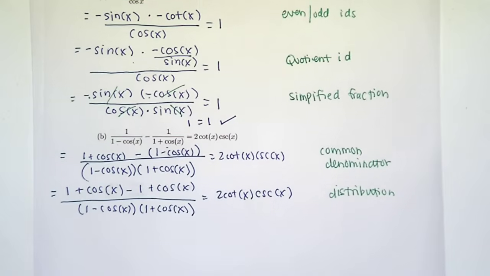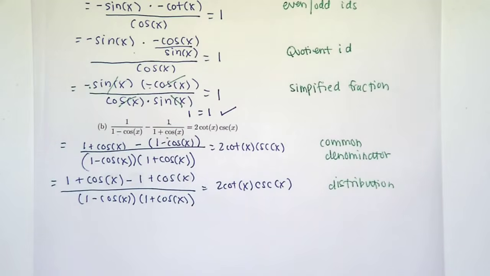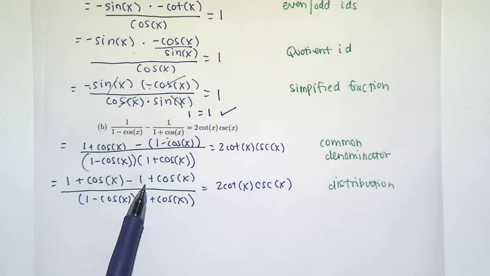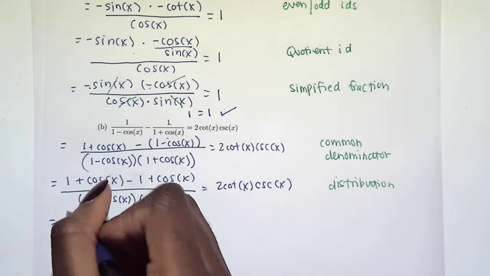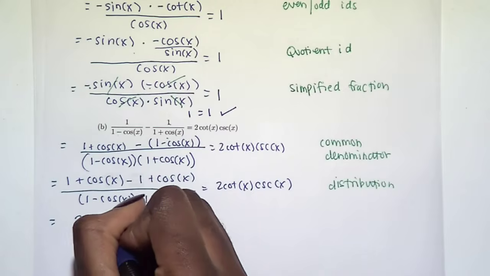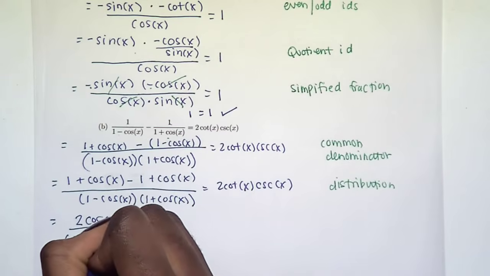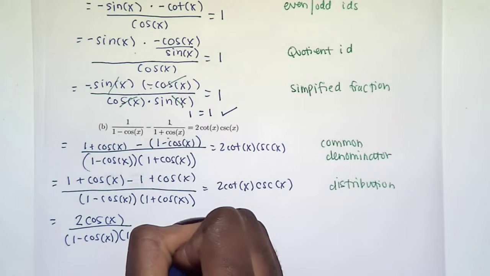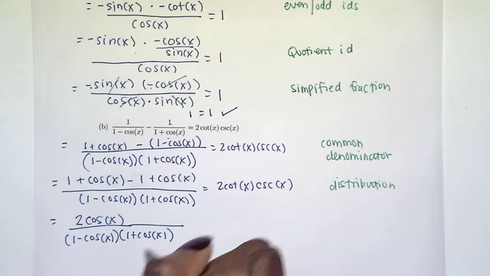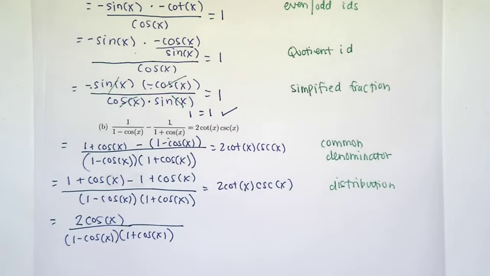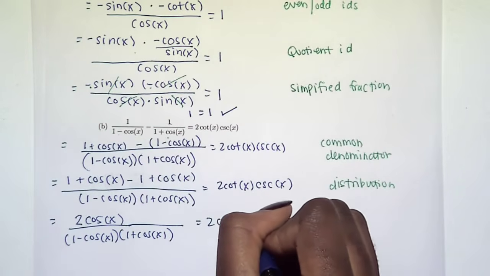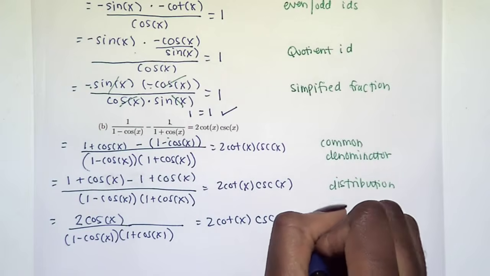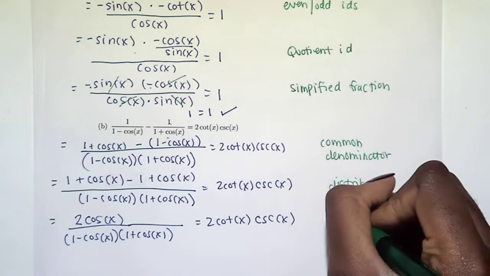Oh, well, nice things are going to happen in the numerator, right? So I'm going to combine like terms. 1 minus 1 is 0. Cosine plus cosine is 2 cosine. Well, that's helpful. I got my 2 in there. So 2 cosine x. All right, so this was just combining like terms.